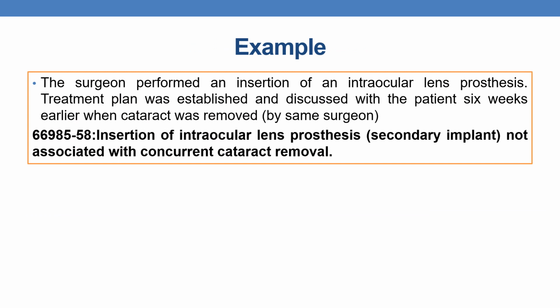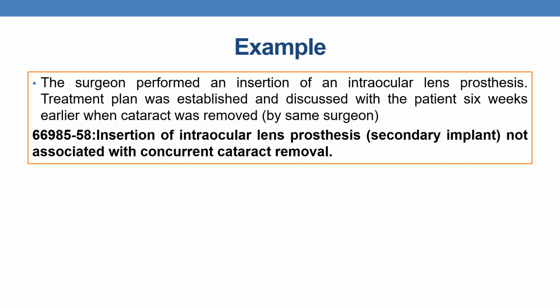Now let us see an example. The surgeon performs an insertion of intraocular lens prosthesis. Here, insertion of intraocular lens prosthesis is performed in the current session. Treatment plan was established and discussed with the patient 6 weeks earlier when the cataract was removed. Here, cataract removal and insertion are not done in the same session.